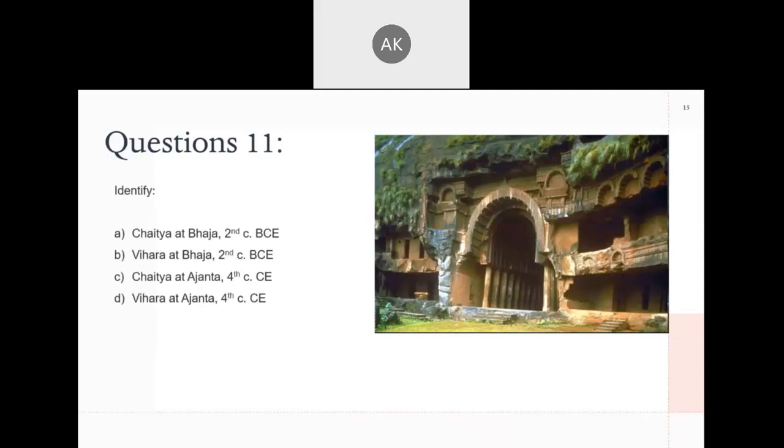The options are Chaitya at Bhaja, Vihara at Bhaja, Chaitya at Ajanta, or Vihara at Ajanta. What would be the correct answer?